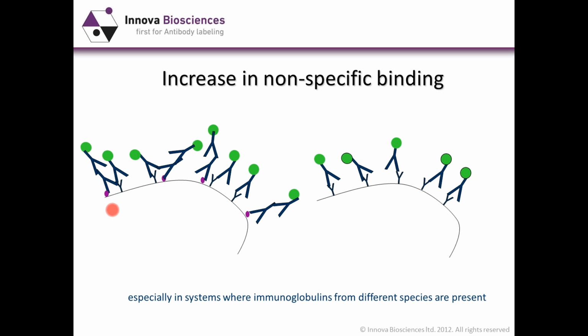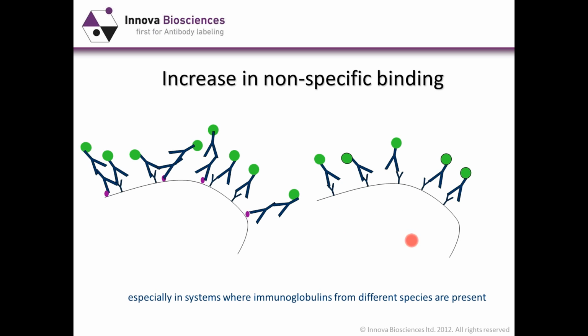When you add your secondary antibodies, they bind to your primary antibody, but they will also cross-react potentially with the surface immunoglobulin. This is particularly a problem if you're using rodent systems, so perhaps these might be mouse cells and your primary antibodies are rat monoclonals, or vice versa. But you can have cross-reactivity between immunoglobulins from different species right across the species range.